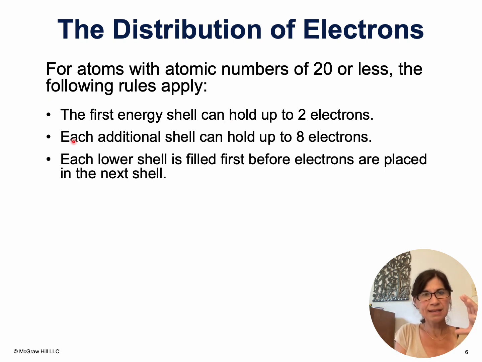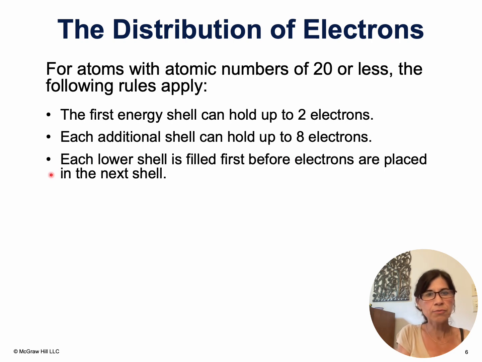But look at what I say next. Each additional shell or orbital can hold up to 8. In the case of carbon, it has 2 in the first and only 4 in the second, and that already is all the electrons carbon has.